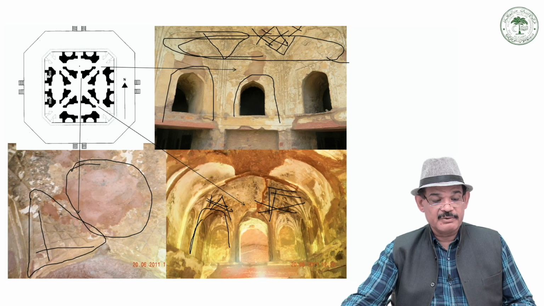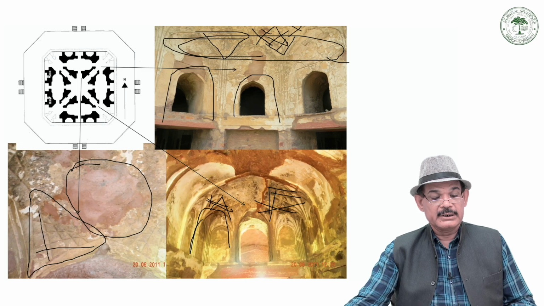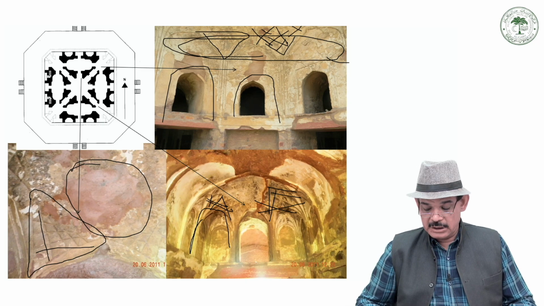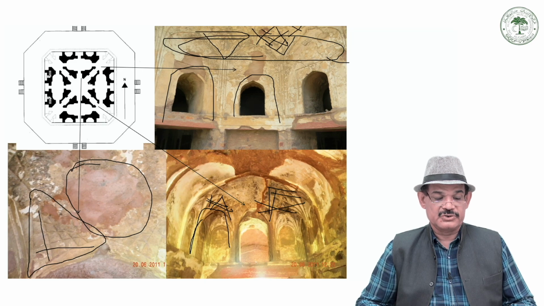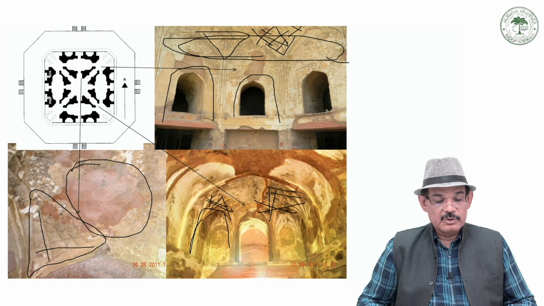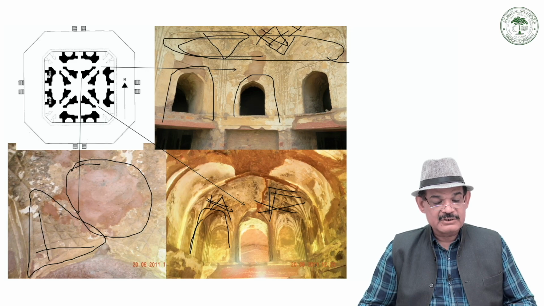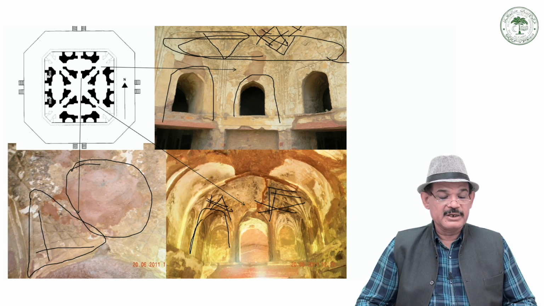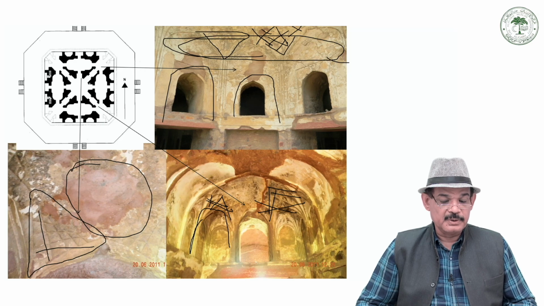Interior and exterior were heavily plastered with stucco, and whatever decoration and ornamentation we come across is on the stucco plaster. With this analysis of the architecture and space organization, we can place this structure somewhere at the end of the Akbari period or the beginning of the Jahangiri period.